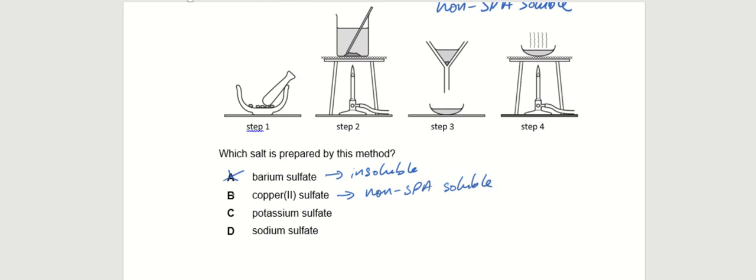And this is what we are looking for, because both potassium and sodium sulfate are NaKA soluble, in which case we use the titration method. So C and D are also out, giving us the answer of B, copper 2 sulfate.